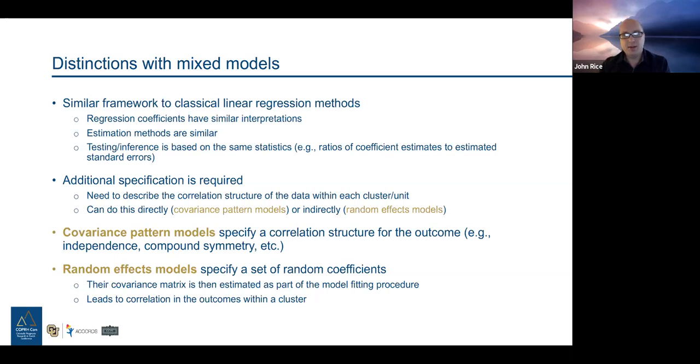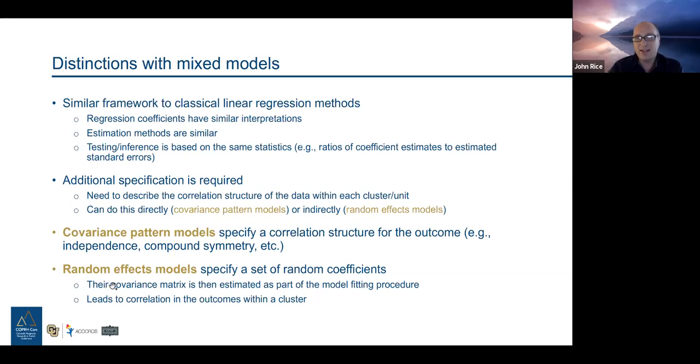So covariance pattern models are going to be working directly on the correlation structure for the outcome. And I'll talk a bit more about some specific examples. But those work directly on the outcome's correlation. But random effects models are going to specify a set of random coefficients, which includes random intercepts and random slopes.